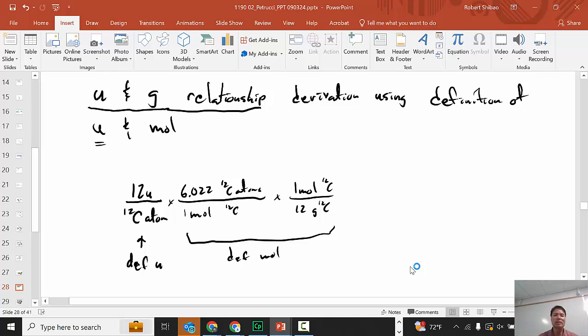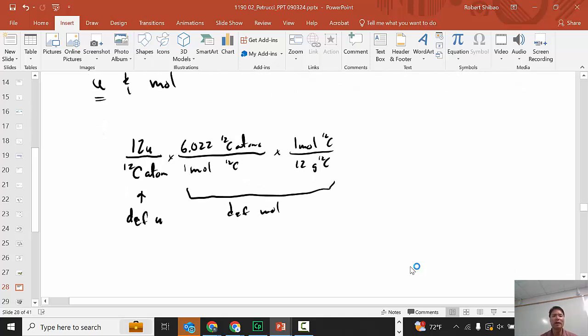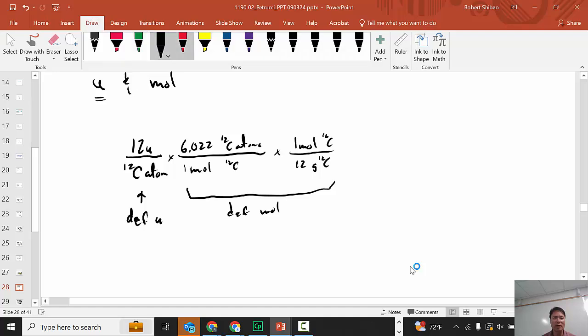Then use some dimensional analysis, and we'll be able to figure out the relationship between U and gram. So let's cancel out the units. Carbon-12 atoms cancel out here. Mole of carbon-12 cancels out here. 12 cancels out here. And this carbon-12 cancels out because this is U of carbon-12.